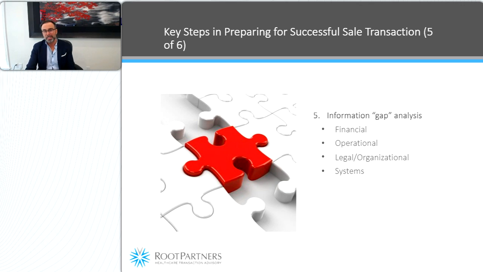But when you get into it, I can't produce any information that you asked me for, because I don't know how to get reports out of my billing system, or my financials are a mess. You make claims of how sophisticated you are and why you deserve this big multiple, while essentially letting any buyer see some of these gaps before you're ready.